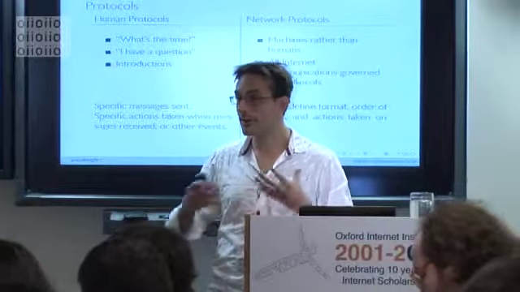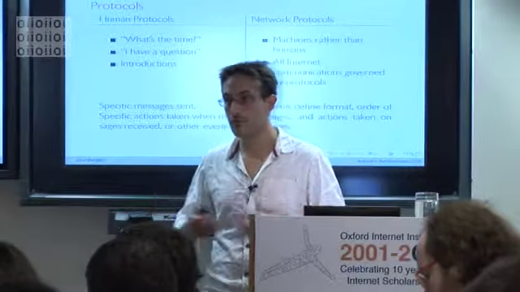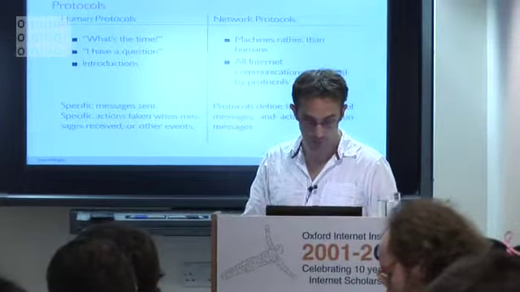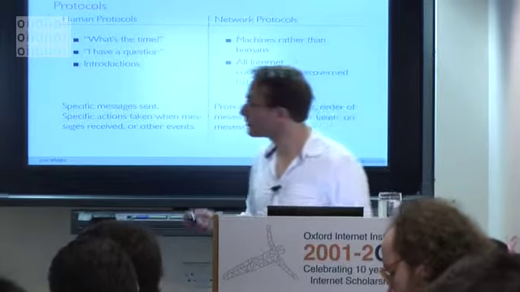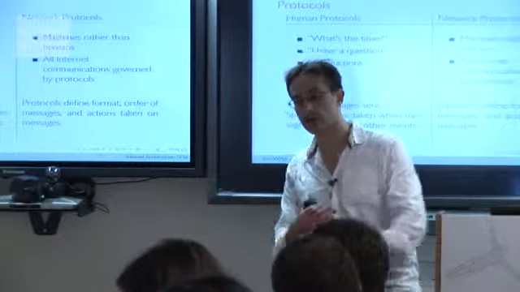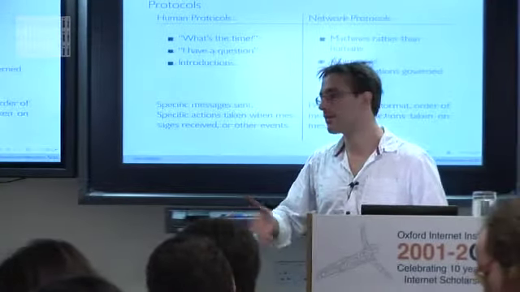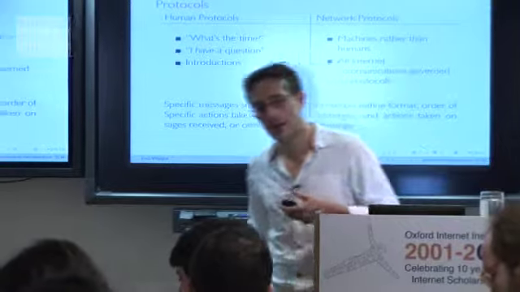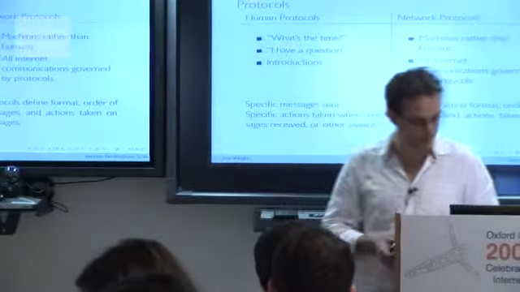So these are very closely linked. These are very strong allegories here. But in general, there are specific messages that define the format, what order particular messages should come in. You don't shake someone's hand and then say hello. You tend to say hello and then shake someone's hand, this kind of thing.